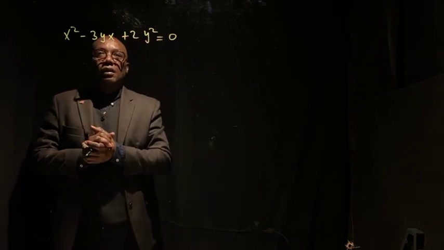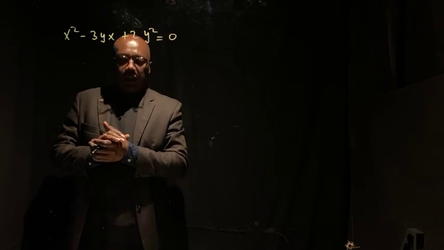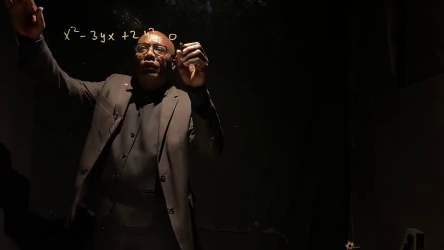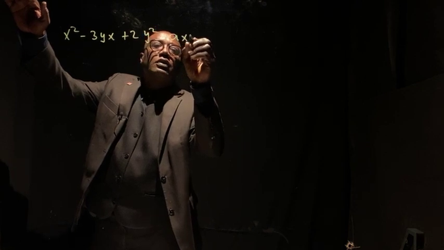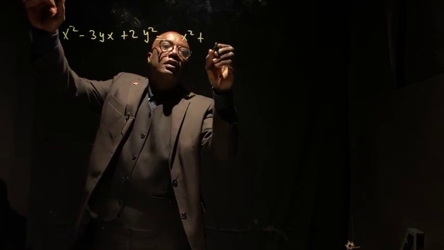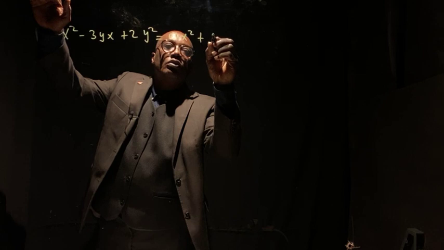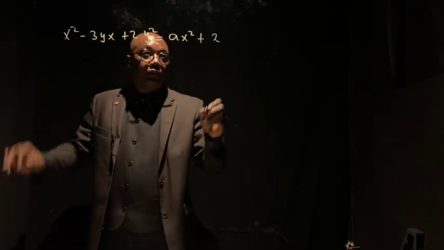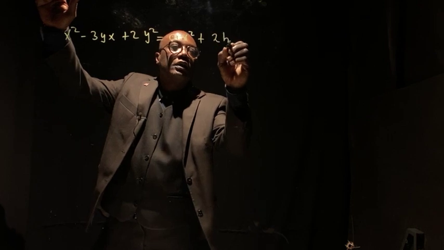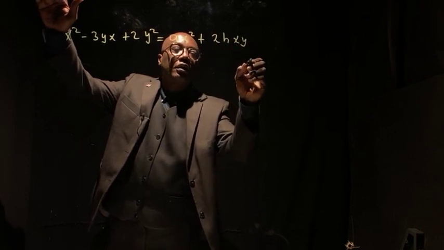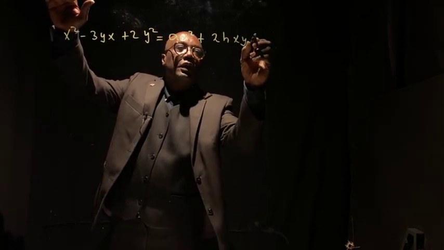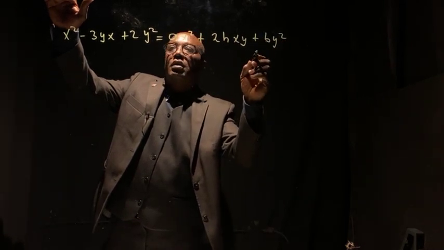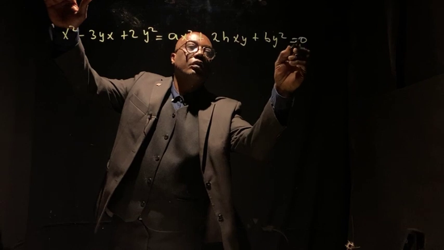Then that equation is in the form of a x squared plus 2hxy plus b y squared equals 0.